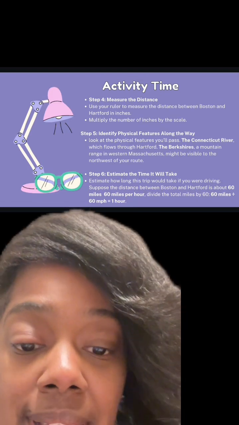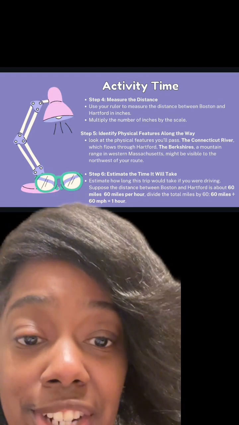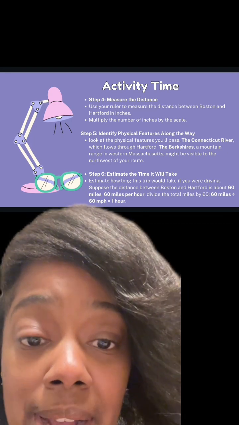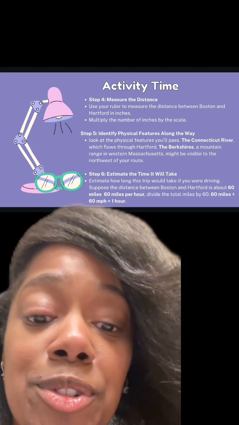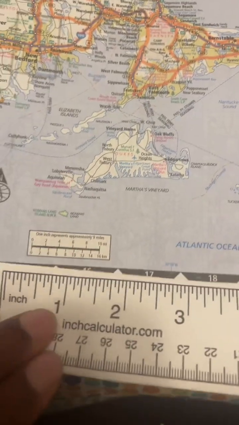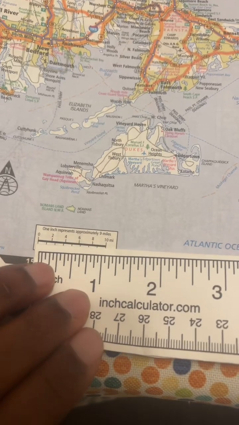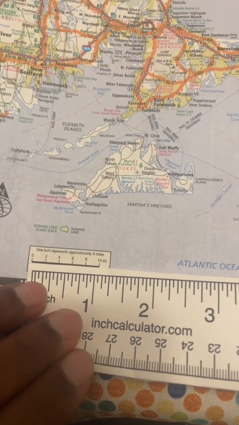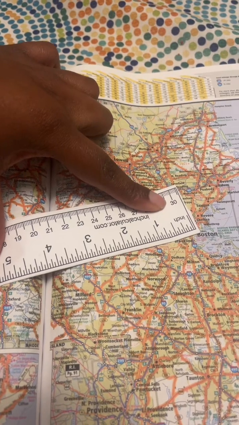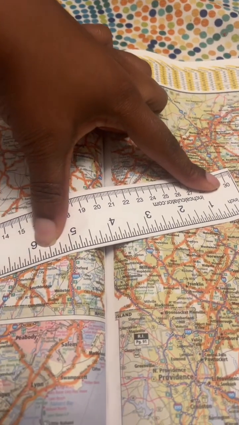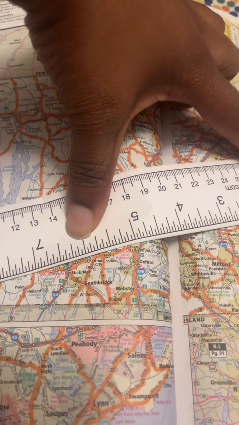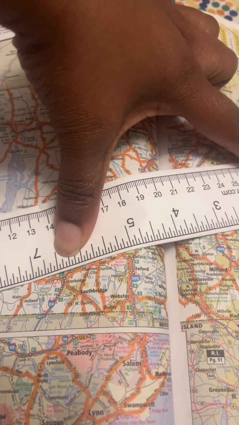So now that we did that, we're gonna measure the distance, check out the physical features that are around it, and then we're gonna estimate the time of travel. So as we see with our map scale, every inch equals 10 miles. So we're measuring Boston I-90 all the way to 84, and that goes about 6.5 inches.